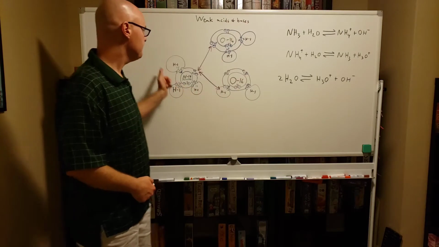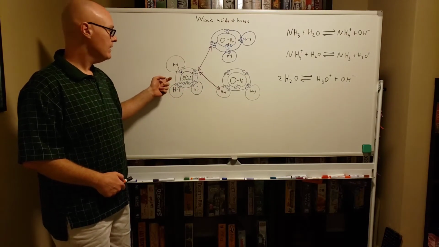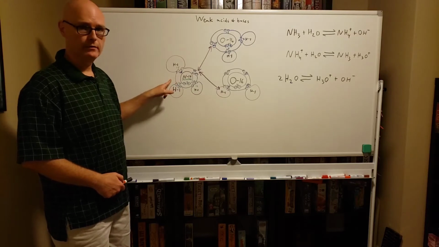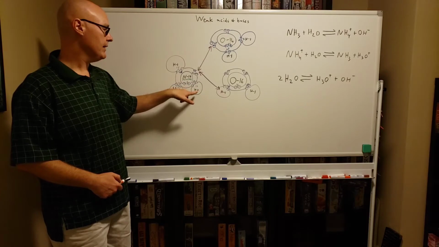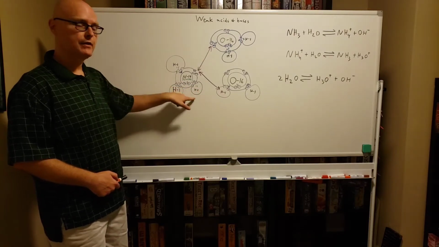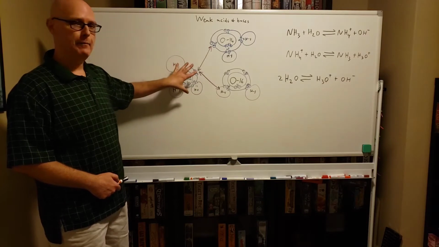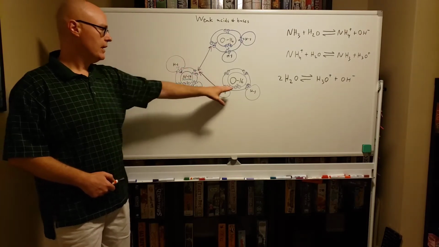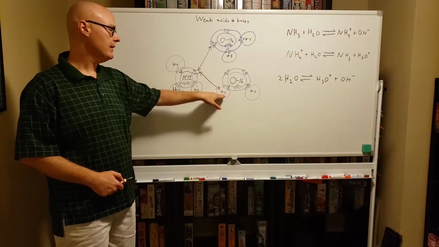So here's an example. Let's say that I have some ammonia, right? Some nitrogen is covalently bonded with 3 hydrogens. I stick that in water. What's going to happen? Some of the waters will donate one of their hydrogens, right?